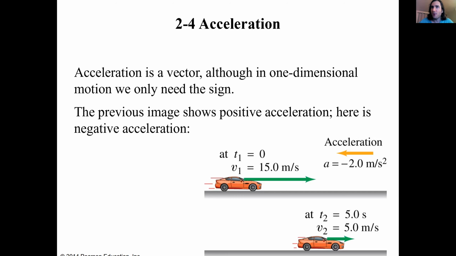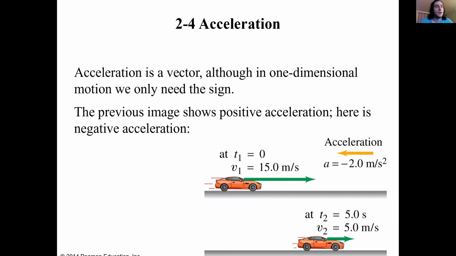So when we slam on the brakes here, 15 meters per second, that better decrease, right? We have a negative acceleration. Our velocity is positive. We have a negative acceleration. So after 5 seconds, how much velocity are we going to lose? Well, we lose 2 meters per second every second. If we accelerate in the negative direction for 5 seconds, well, then we're going to have 5 times negative 2 is negative 10.